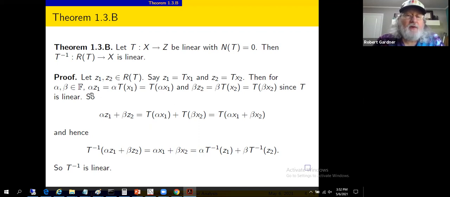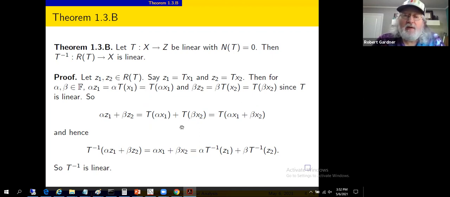So we've got alpha Z1 expressed like this, beta Z2 expressed like that. So if we look at alpha Z1 plus beta Z2, substitute in alpha Z1, we've written as T of alpha X1. Beta Z2, we've written as T of beta X2.